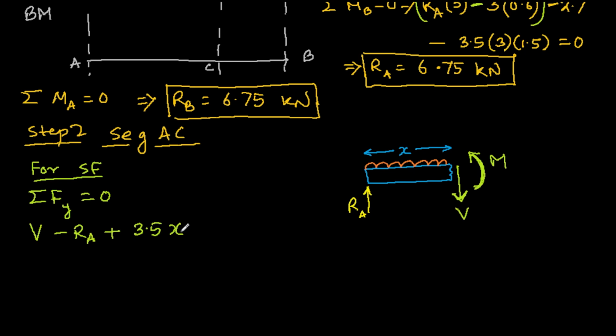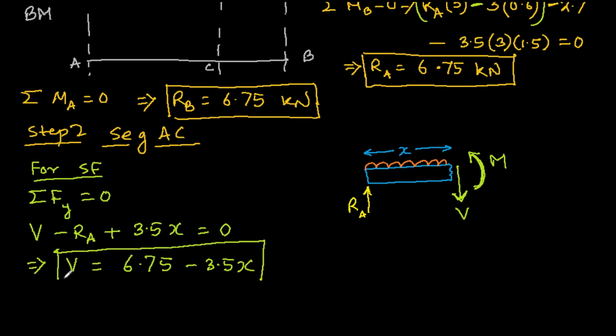These are the only forces, right? This should be 0, which implies V equals RA, 6.75 kilonewton, minus 3.5x. So this is our shear force for the segment AC.